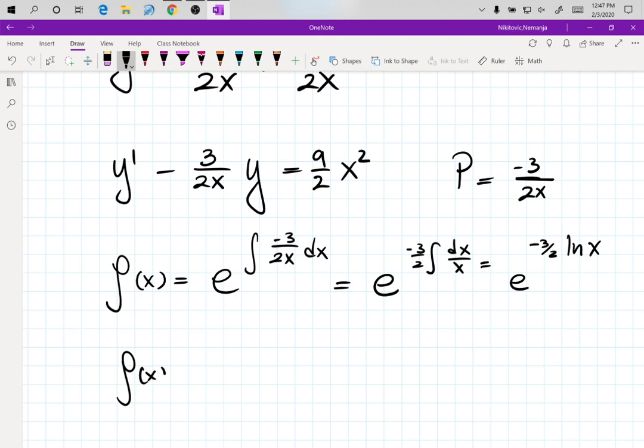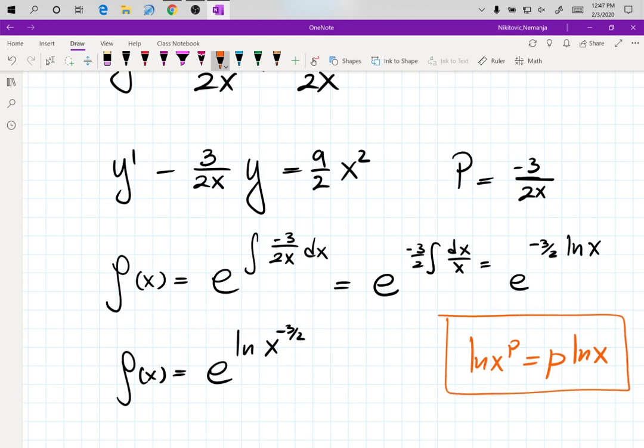So rho of x is e to the ln of x to the -3/2. Those of you who forgot the ln rule: ln x to the p is p ln x. If you forgot this rule, well, time to review it because it will save your life in this case.